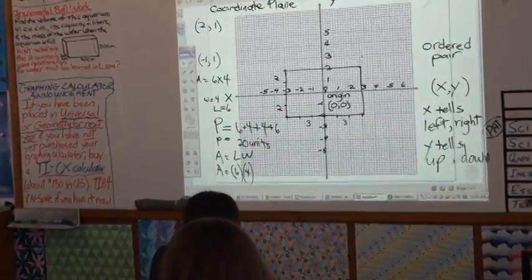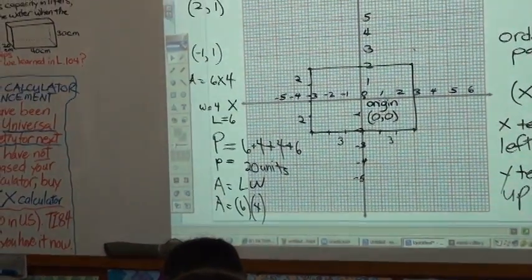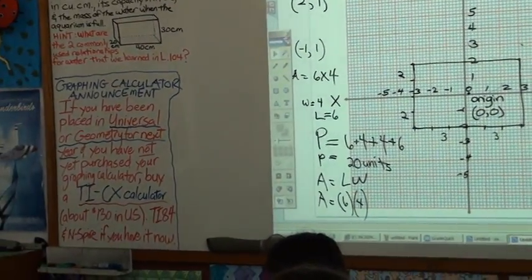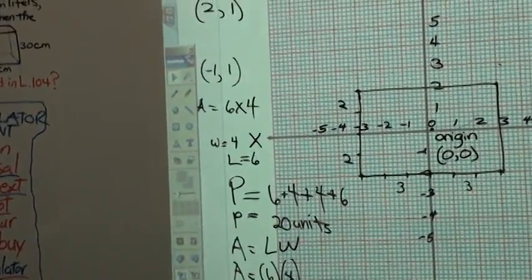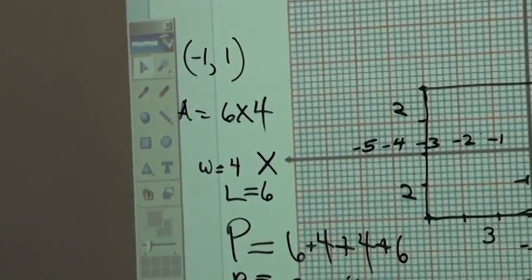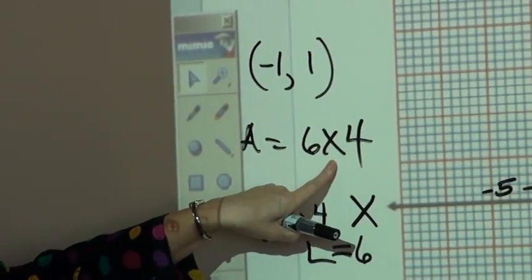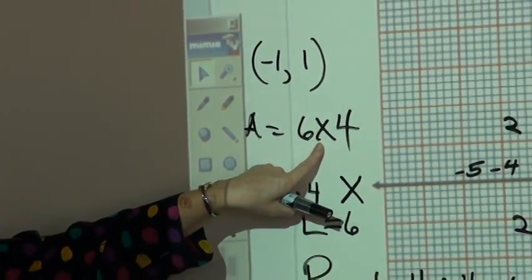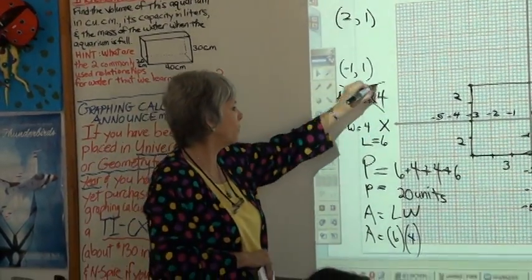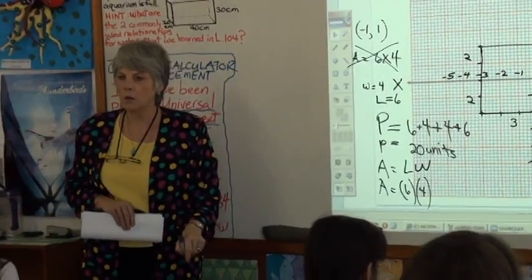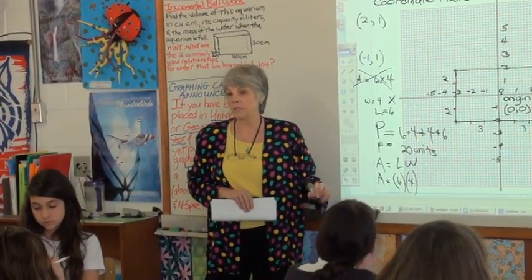Because in algebra you use x like 6 times x equals something. So it's like a replacement for that. That's right. That's called a variable. You're so smart. So this x gets used all the time as a variable. So if we use that to mean multiplication, it can be confusing. So we don't do that now that we're big kids. Okay, so it's 6 times 4, and when there is no sign in between the parentheses, that means to multiply.